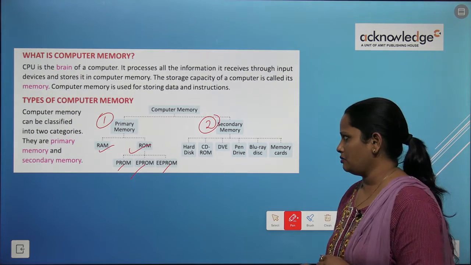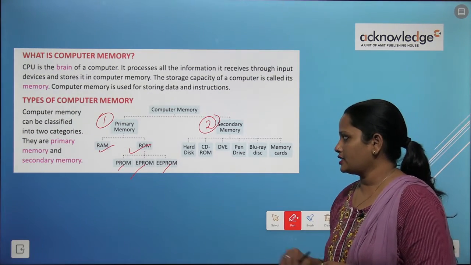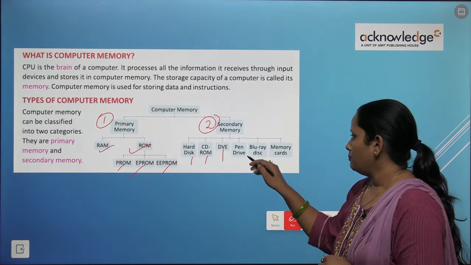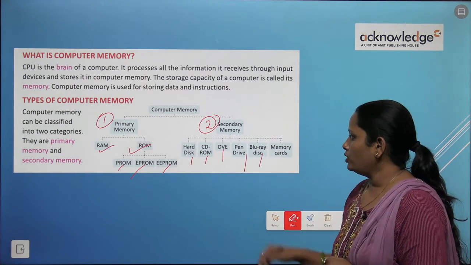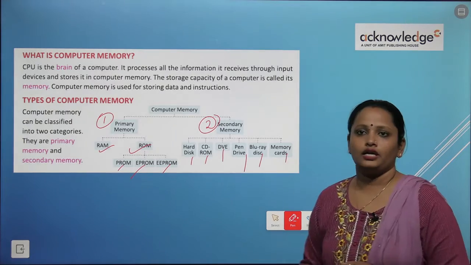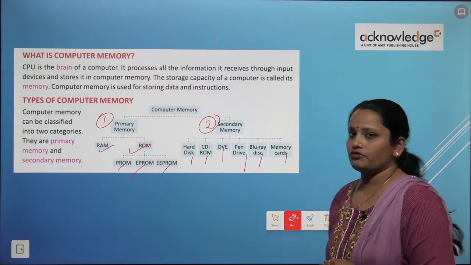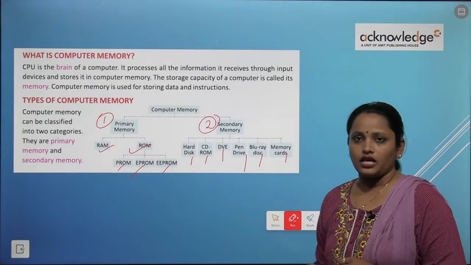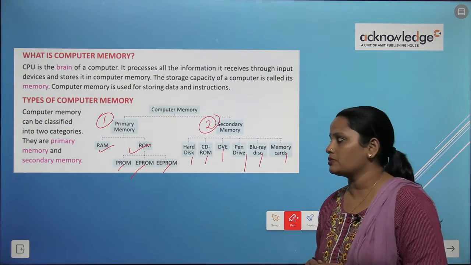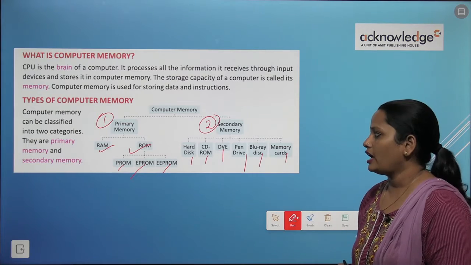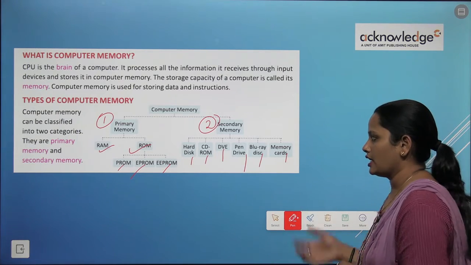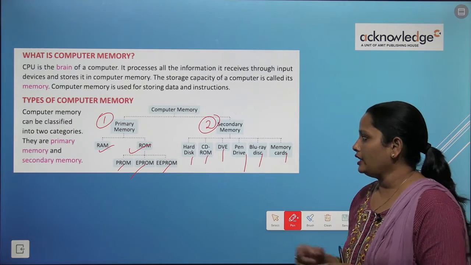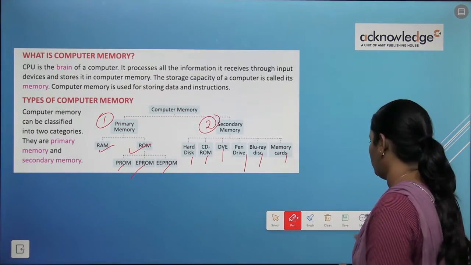Next, secondary memory: hard disk, CD-ROM, DVD, pen drive, Blu-ray disc and memory cards. So, the secondary memory is divided into all these parts, but our primary memory जो है दो parts में divide है, RAM and ROM. ROM के भी तीन parts हैं. क्या क्या है? PROM, EPROM and EEPROM.